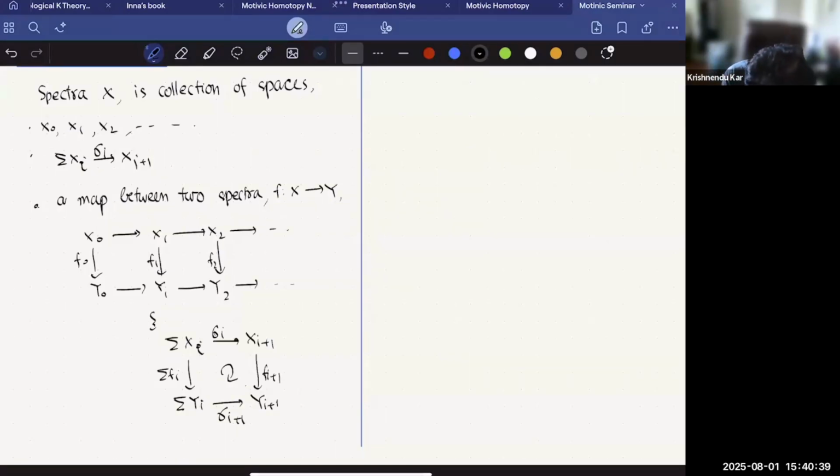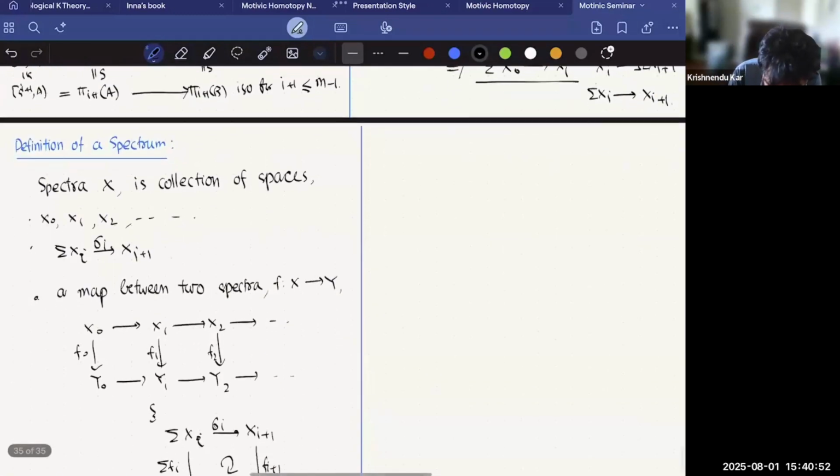This is your sigma i as well. So that is your spectrum, this is your suspension, and this is your map between two spectra. Let's first introduce all the tools that we need: homotopy pushout of spectra.